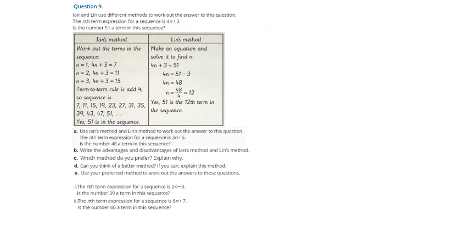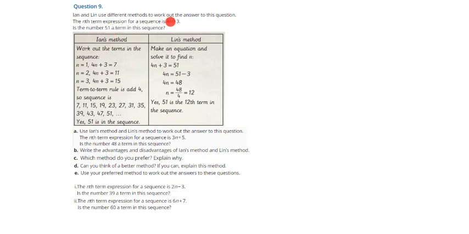Here a situation is given, Ian's method and Lynch's method. In Lynch's method, we can see she has solved this equation by equating the expression with the given number. So this given number 51 is a term of the sequence.